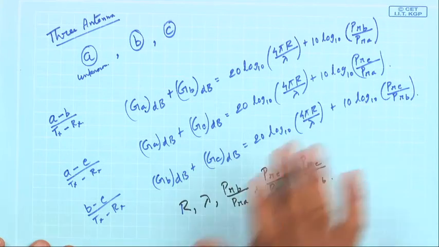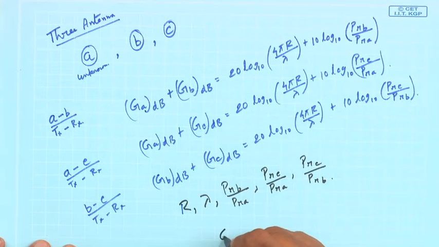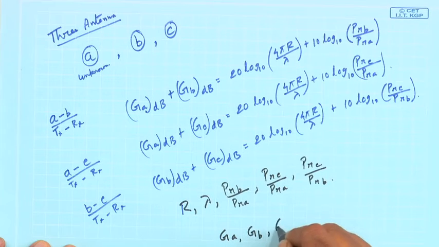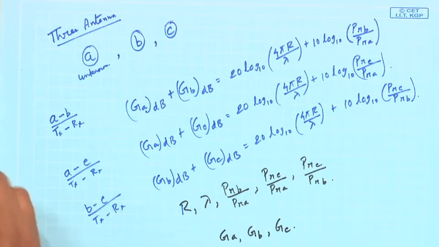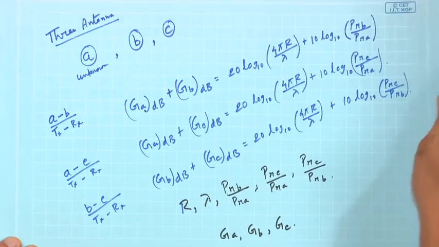This is 3 equations in 3 unknowns, so this can be solved, and you can get all of GA, GB, GC. So, for an unknown antenna, the only thing you need is the power ratio measurement capability.